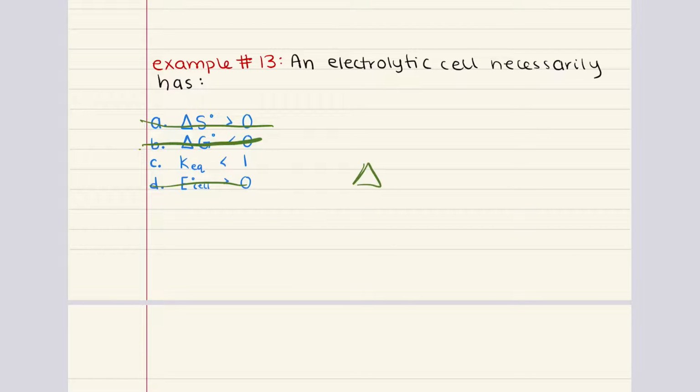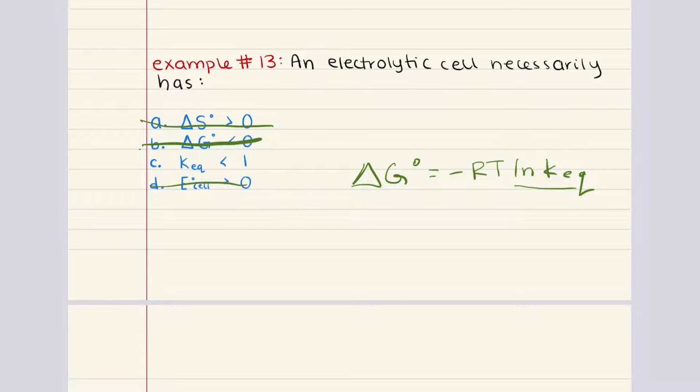Why is this true? Well, the answer lies in this equation where the change in standard free energy is equal to minus RT, where R is the ideal gas constant, T is temperature, and that's multiplied by the natural logarithm of the equilibrium constant.